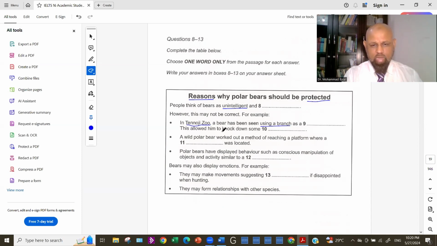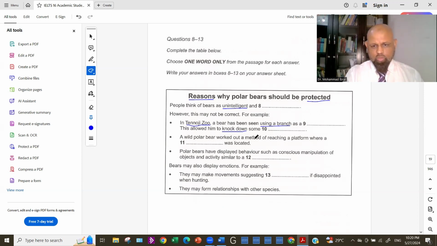No, knock down is important. So you may find something like to remove something, or maybe dislodge something. So we are just highlighting here keywords that can help us find the answer in the relevant paragraph.